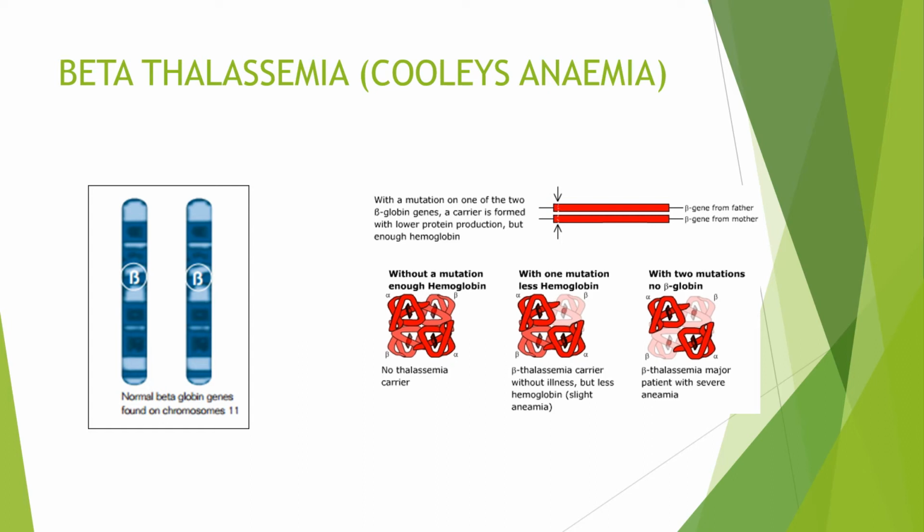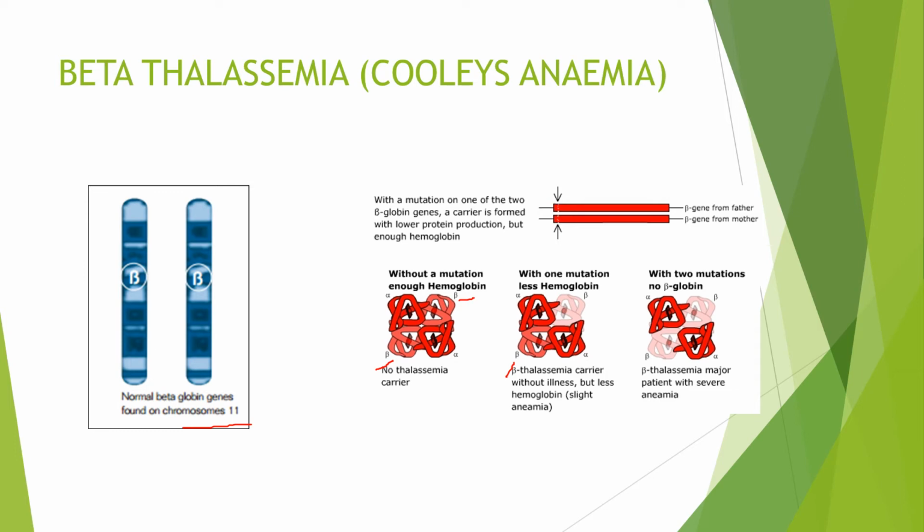Now let's deal with beta thalassemia, and the synthesis of beta chain. If there is any abnormality in the synthesis of beta chain, thalassemia occurs. The gene responsible for the synthesis of beta chain is located on chromosomal pair 11, while the alpha chain genes are located on chromosomal pair 16.